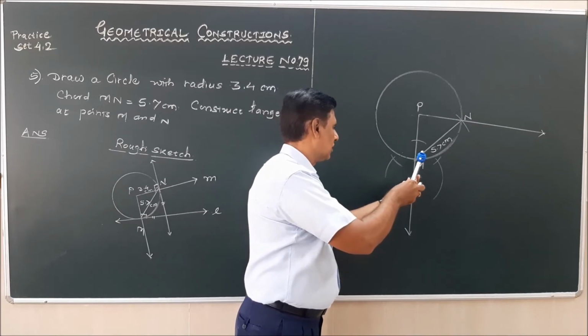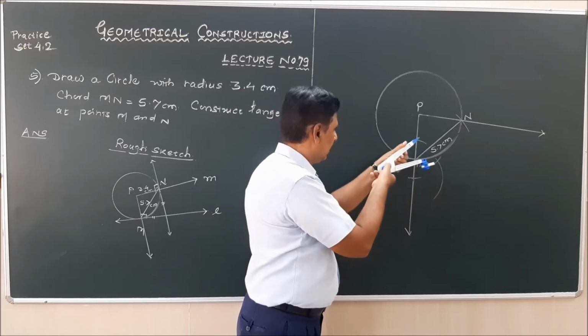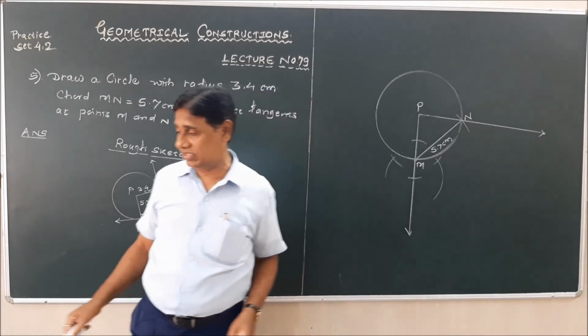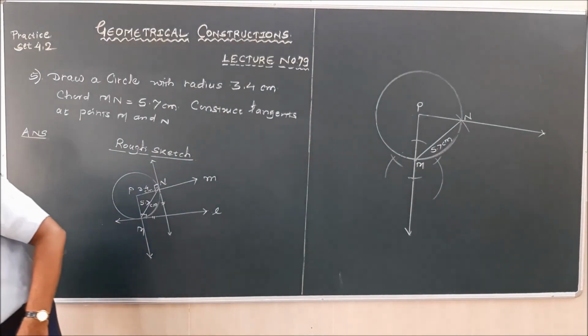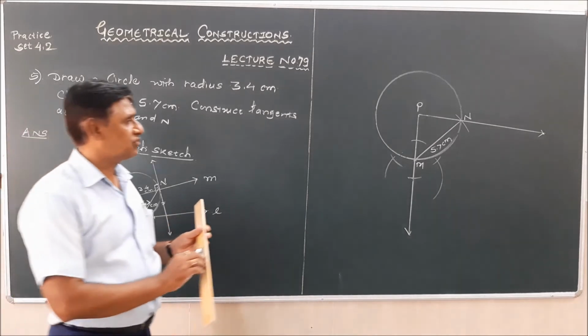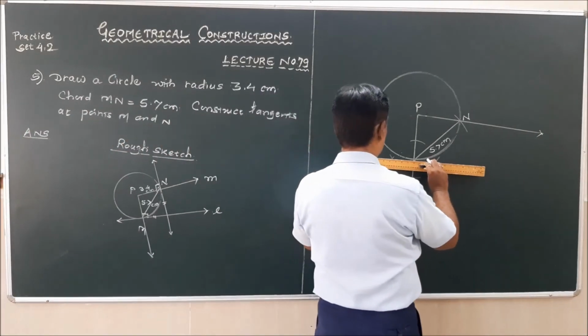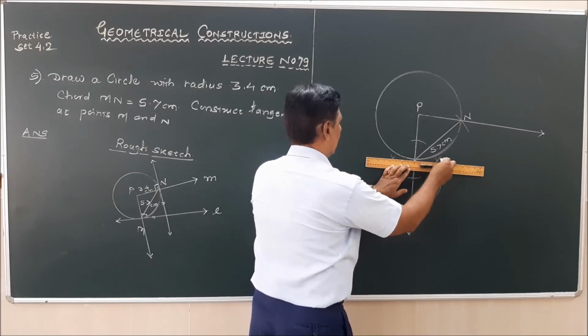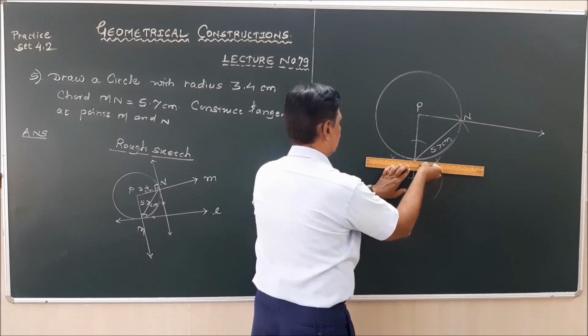The distance is surely more than half this way as well as that way, but not changing the distance. At once you will get the point of intersection of these arcs.